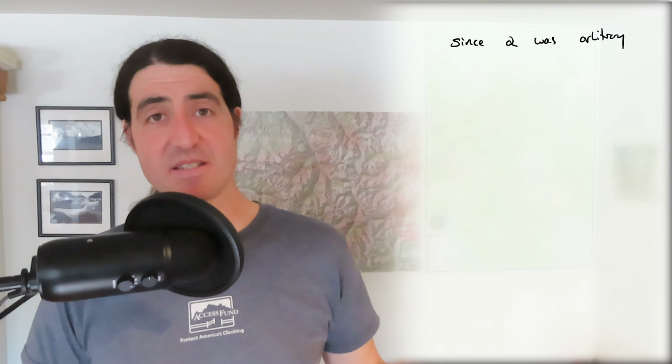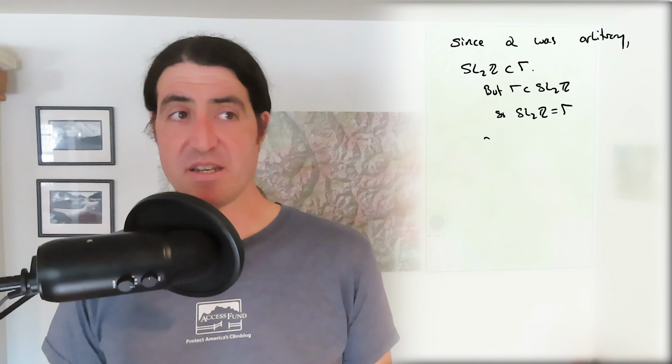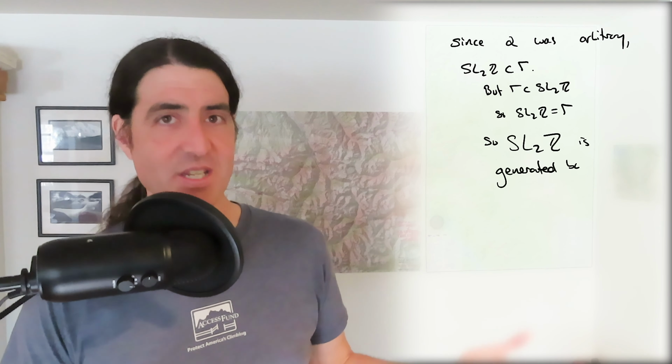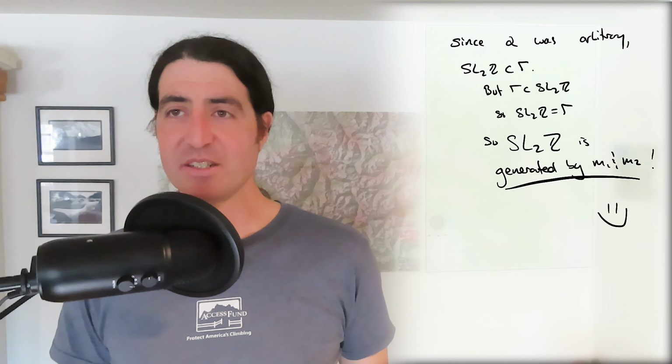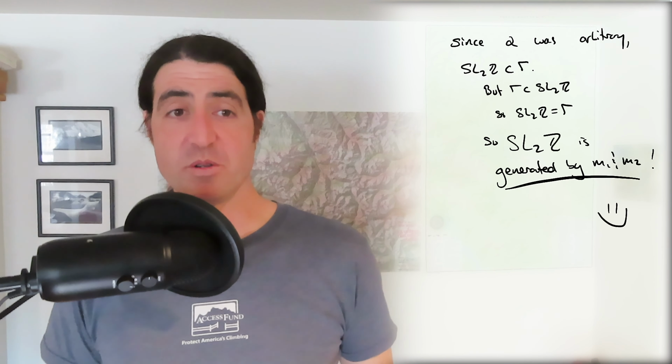And because alpha was arbitrary, that tells us that the whole of SL2Z must be a subgroup of Gamma. And of course, Gamma is a subgroup of SL2Z, so therefore they're the same, i.e. SL2Z is generated by the two matrices M1 and M2. Cute, right? Who doesn't love a little division algorithm?